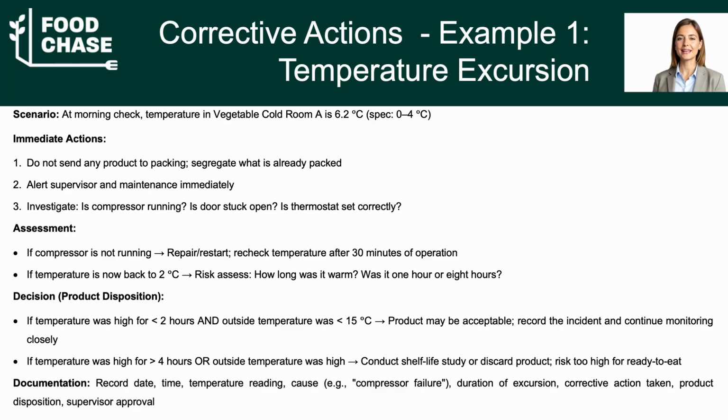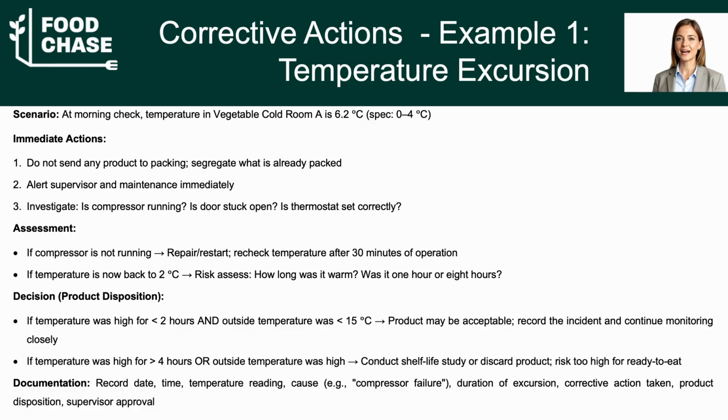If the temperature is now back to 2 degrees Celsius, assess the risk. How long was it warm? Was it 1 hour or 8 hours? Decision, product disposition: if temperature was high for 2 hours and outside temperature was 15 degrees Celsius, product may be acceptable. Record the incident and continue monitoring closely.